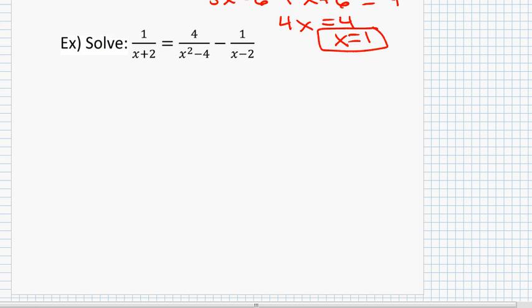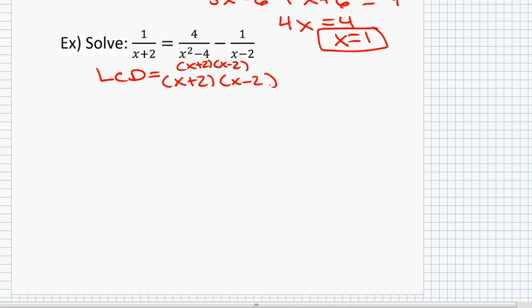So go ahead and try this one on your own. Pause it if you like, because then I'm going to go ahead and do it for you. The least common denominator here, if you factor this, it would be x plus 2 and x minus 2. So your least common denominator is x plus 2 and x minus 2.